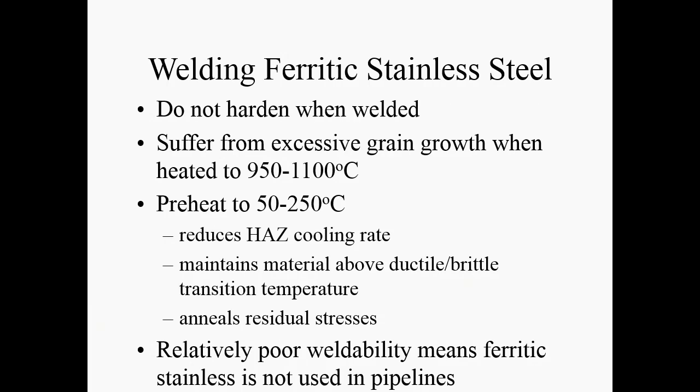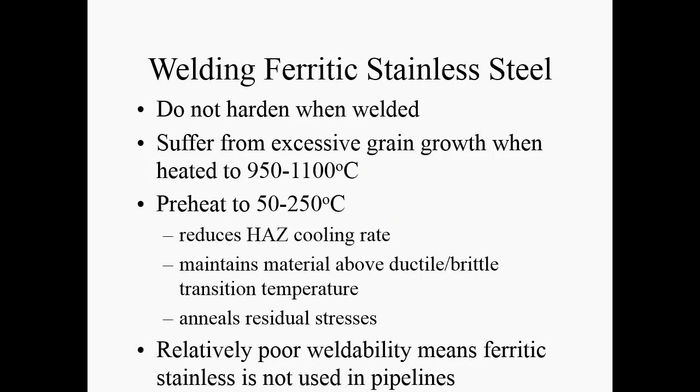So they don't harden when welded, at least not very much, but they do form these very small regions of intermetallics if you're not careful. They do suffer from excessive grain growth when heated to 950 or 1,000 degrees C. So what that means in the welding process is that at the high temperatures when you're welding, the grains are getting bigger and bigger, and they're getting softer and softer while you're doing it.